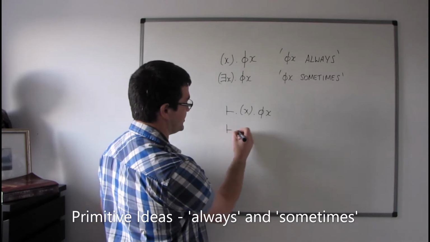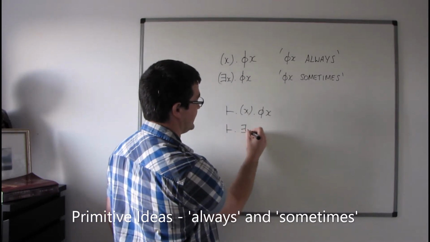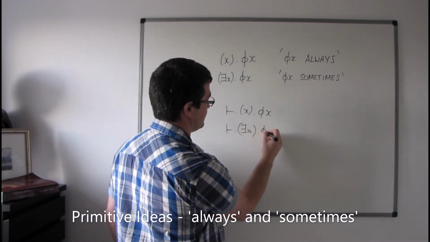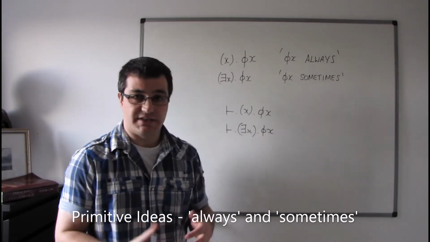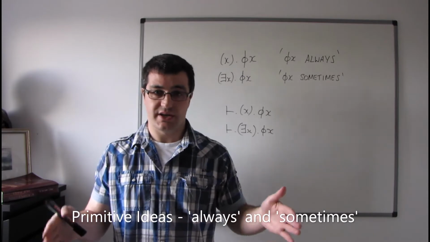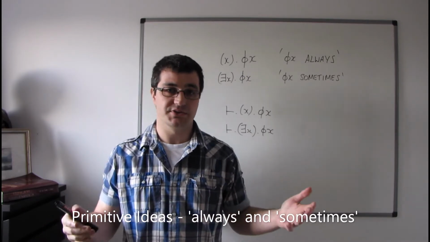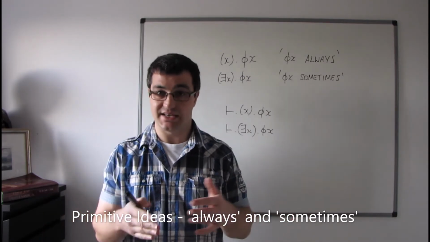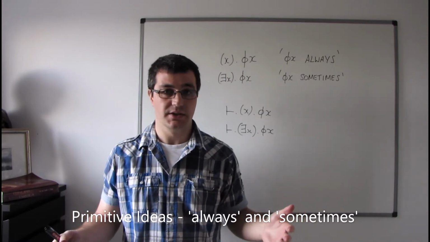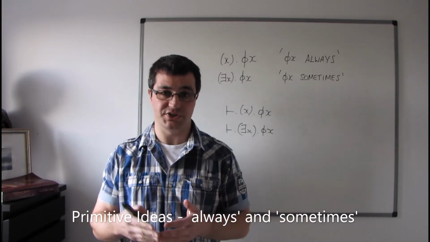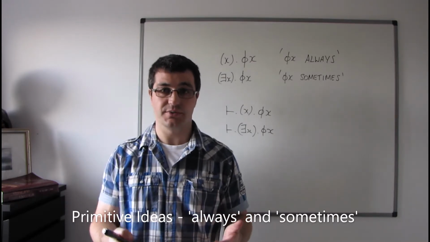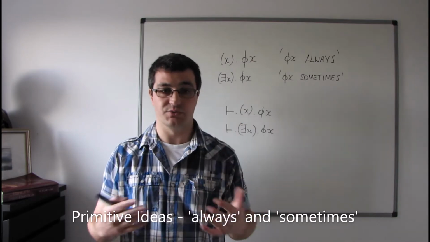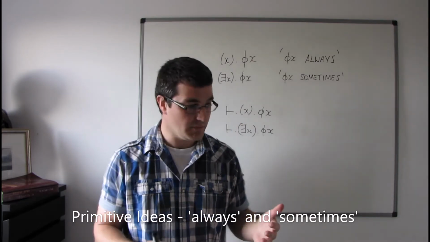Similarly, when I make the assertion phi x sometimes, I'm effectively acknowledging that amongst all of the values of my function, the significant values of my function, there is at least one which is true. There might be many values of my function which are true, but there is at least one value of my function which is true. Okay?